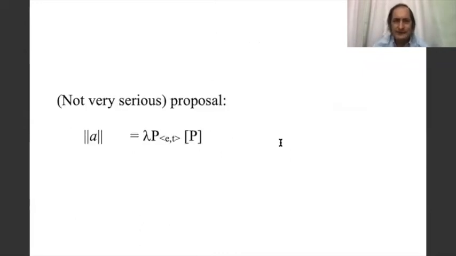And we're going to take a not very serious proposal. The not very serious proposal is that "a" is vacuous, that it does nothing, that it acts the same way that "be" and "are" act. I say that's not very serious because "a" does tell us something about countability.